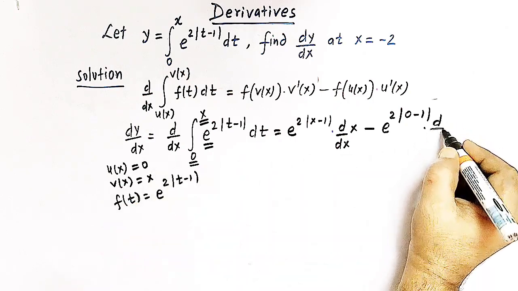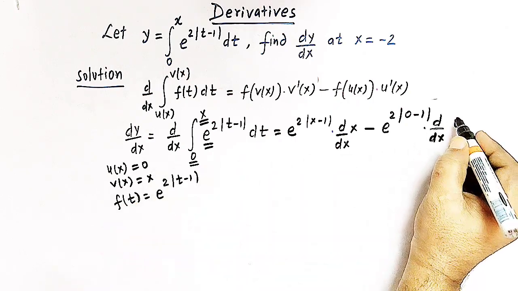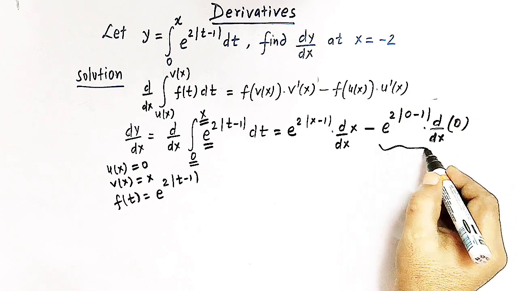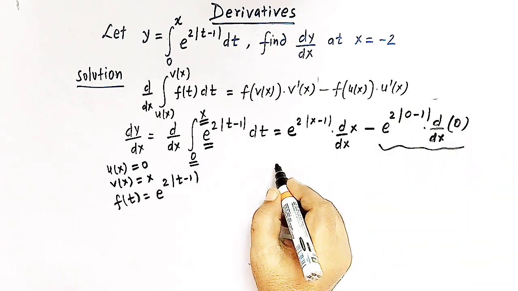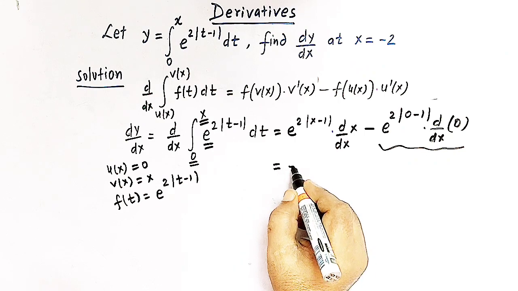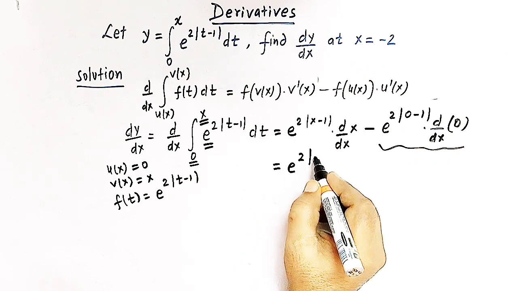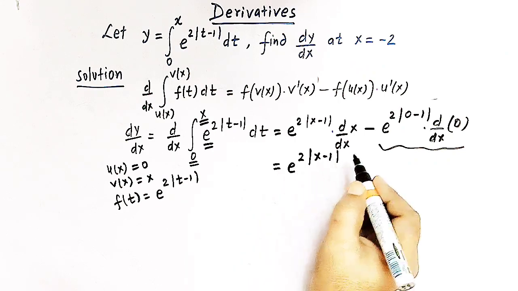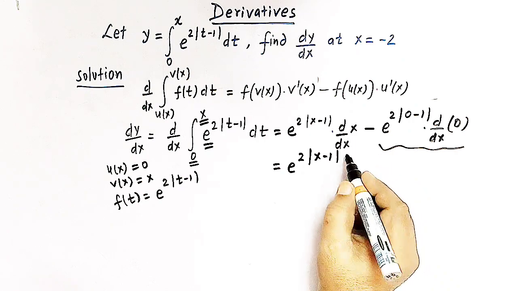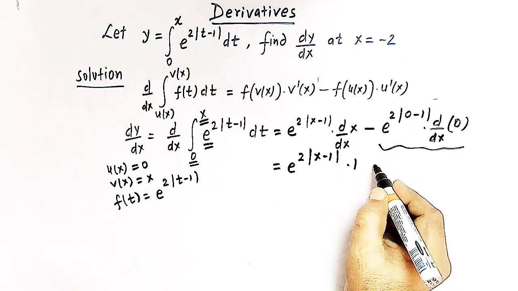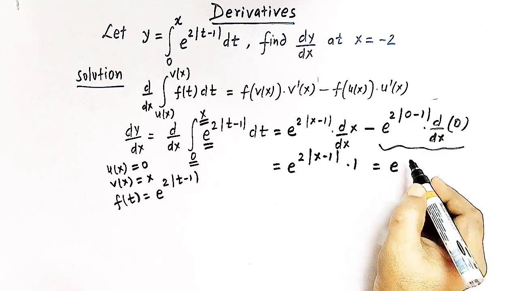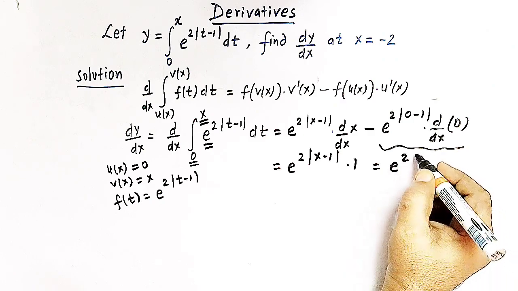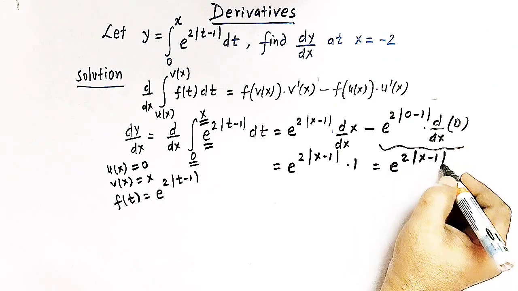So here we have d by dx of 0. So now this quantity is equal to 0 because here we have 0. So now we have simply e raised to 2 times mod of x minus 1, and the derivative of x with respect to x is 1. So we are now left with e raised to 2 times mod of x minus 1.